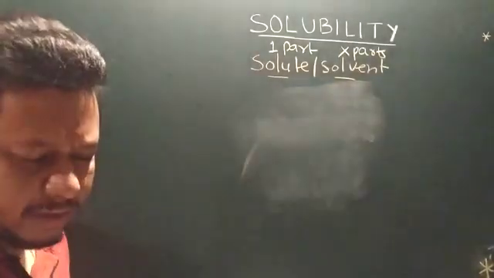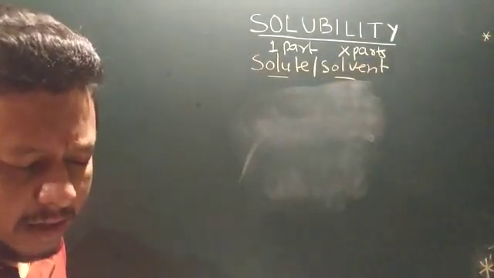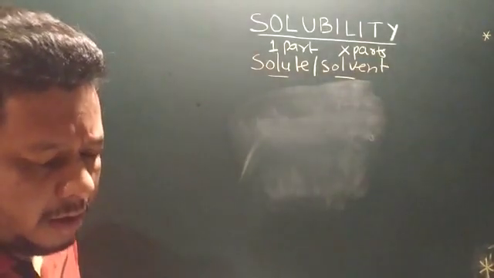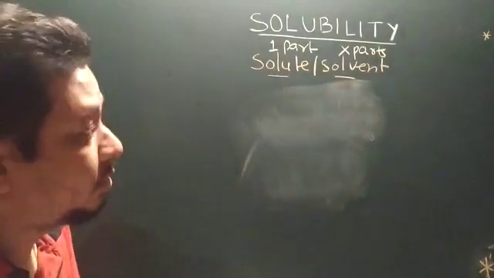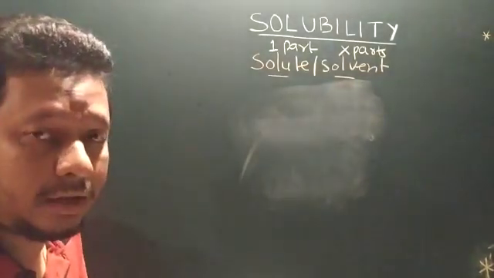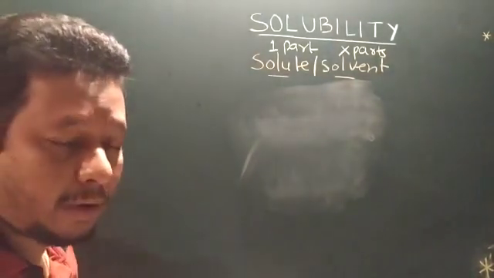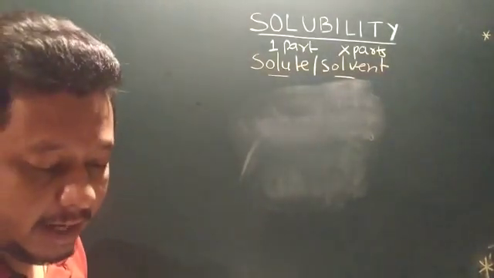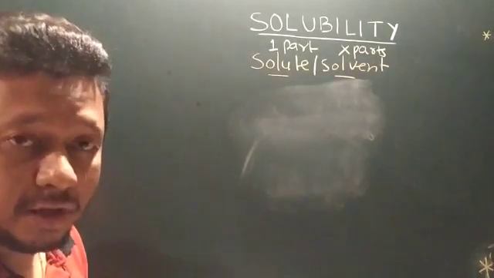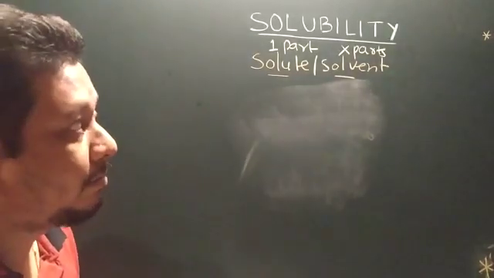Now, what other factors can influence solubility? Number 1, physical, chemical and physicochemical properties of solute. I will come to that very soon when I discuss the physicochemical properties video. Then temperature, pressure and the pH of the medium.